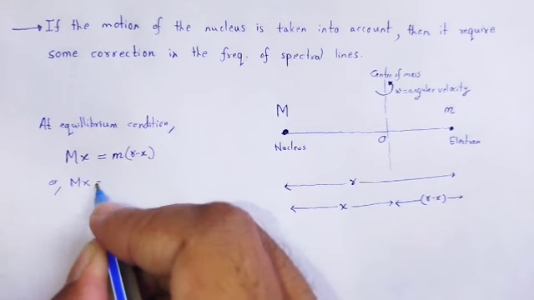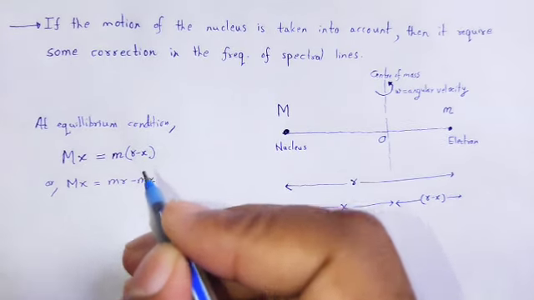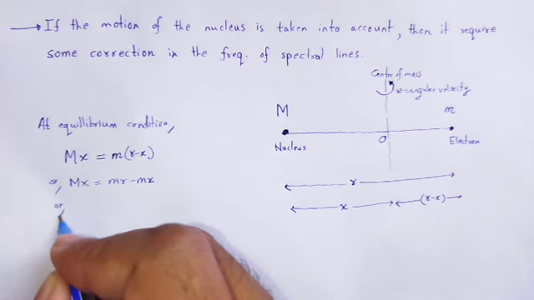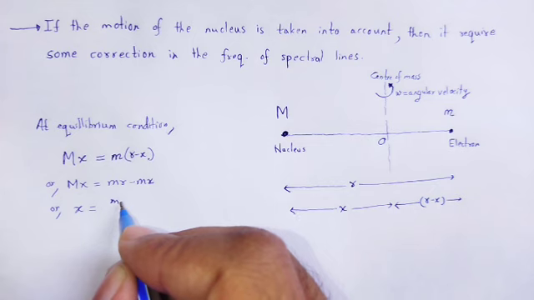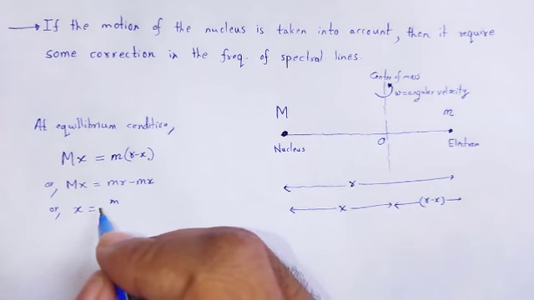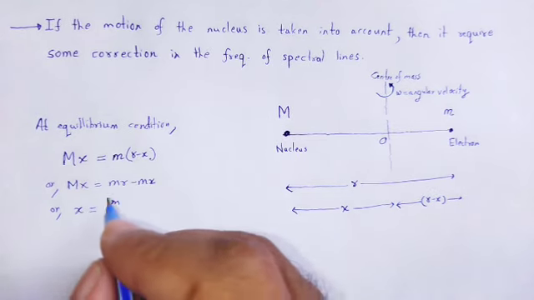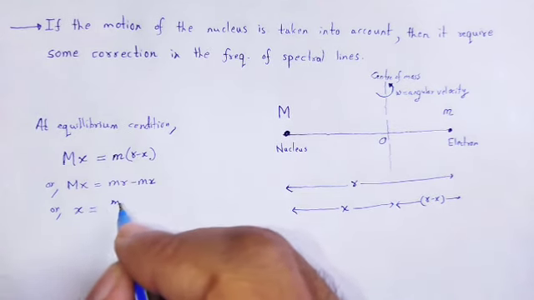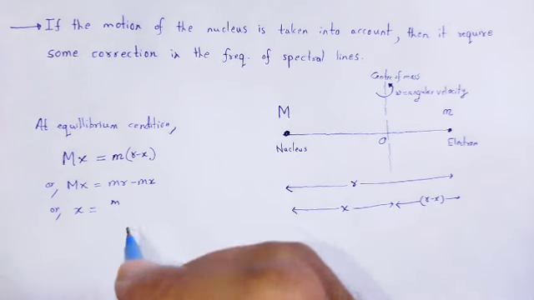Mx is equal to m into r minus x, that is mr minus mx. First we separate the terms relating to x.